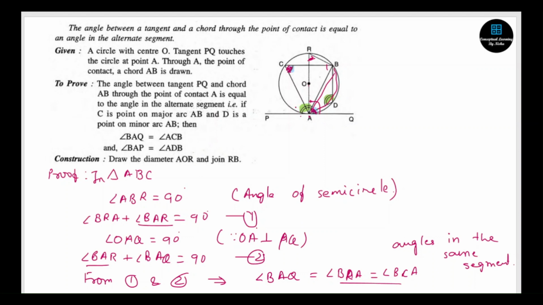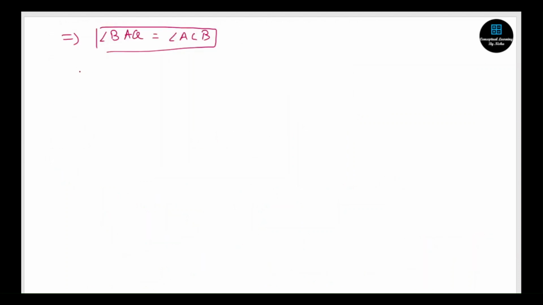Okay, so what I can say now, BAP plus BAQ is 180, right? So I'll write this, angle BAP plus angle BAQ equals 180. Okay, straight line angles, correct?